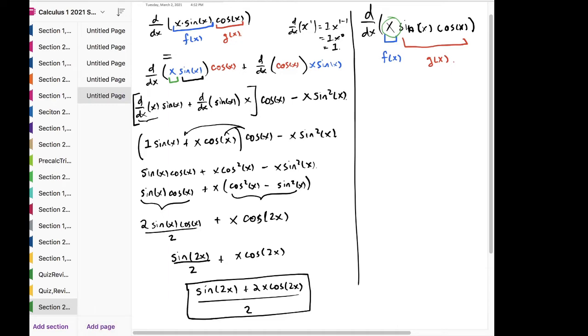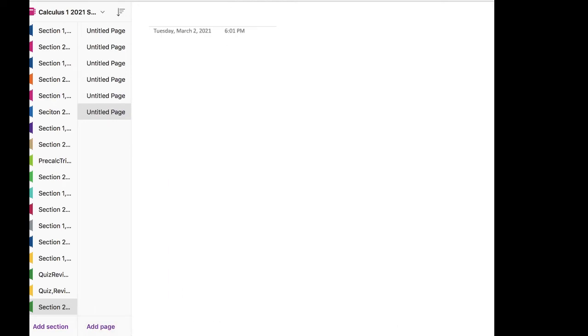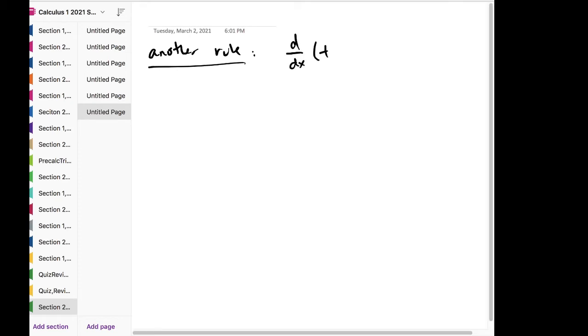Okay. So let's add one more rule to our repertoire. Last time we ended with the motivation of how would you find the derivative of tangent, right?